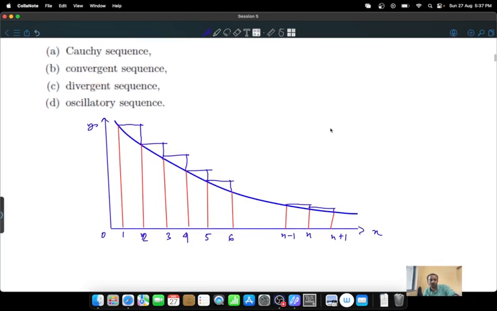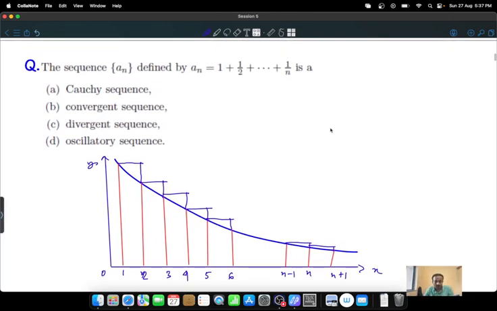Now I hope you have got that this is nothing but the curve 1 by x. In the positive part, if you plot, the graph looks like this: as it tends to 0, it blows up, and if you take x tends to infinity, then it gradually tends to 0, right?